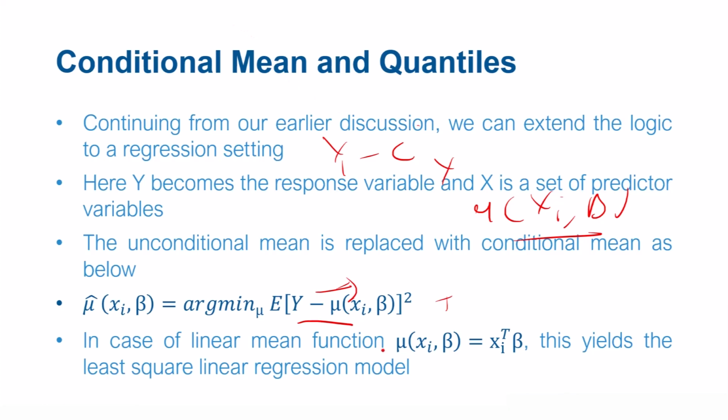Here, this represents the conditional mean function, which can be a multiple of covariates xi and their multiplication with coefficients beta. You can think of xi and beta in vector notation, where you can have more than one variable like x1, x2 and so on, and their corresponding coefficients beta 1, beta 2 and so on. So this is your typical simple least squares regression model setting.